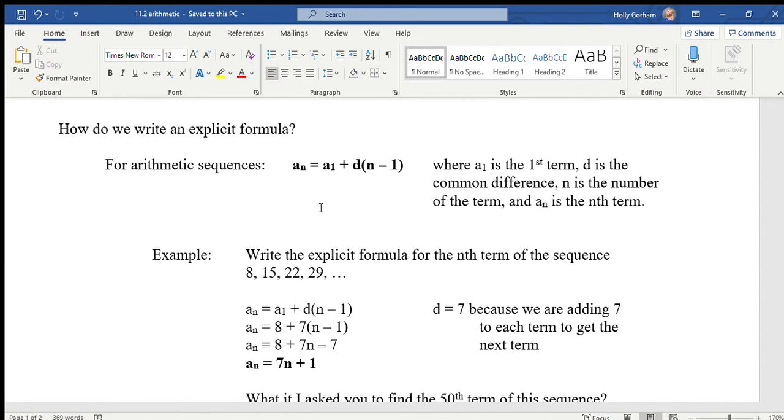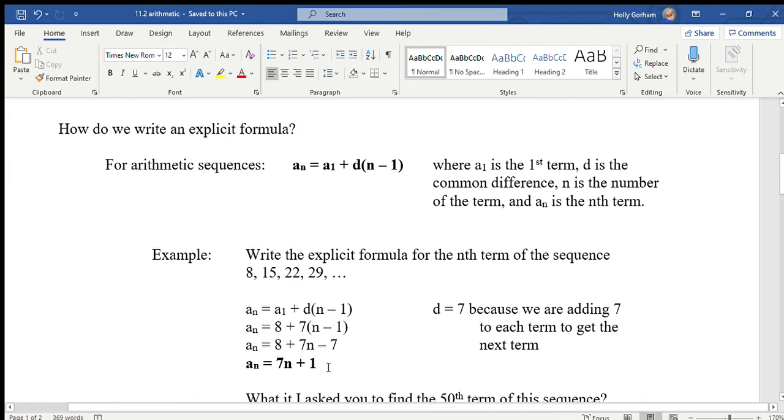So if we take our a sub n formula, a sub n equals a sub 1 plus d times n minus 1, we could substitute 8 for the a sub 1 because that's the first term, and we substitute 7 for the d because that's what we're adding. But then notice what we do. We're going to distribute the 7, and then we combine like terms. So we write our answer as a sub n equals 7n plus 1. Make sure that you distribute and combine like terms.